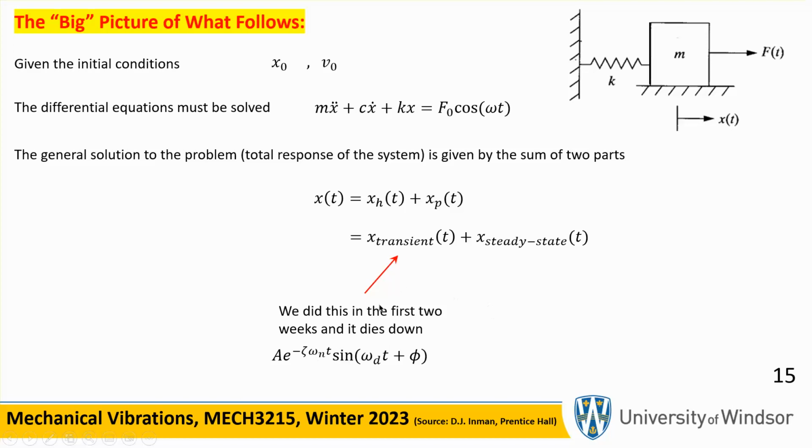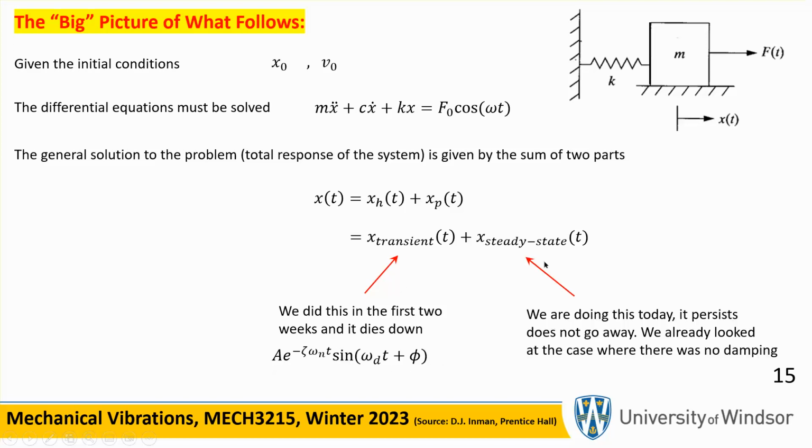So the two, sine and cosine, are combined into simple amplitude and phase. And this one is what we're going to be doing today. Now remember, as time goes on, this guy, because of that negative sign, gets smaller and smaller. It will eventually die down. And this is what we're going to learn today is going to persist. That's why this is called steady state solution.